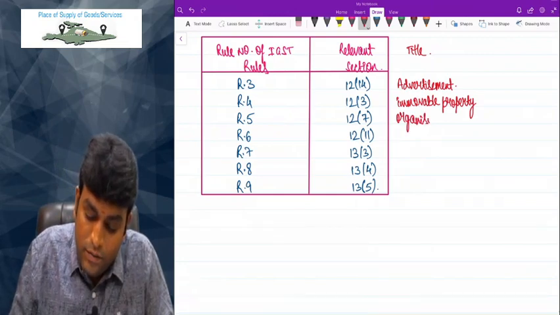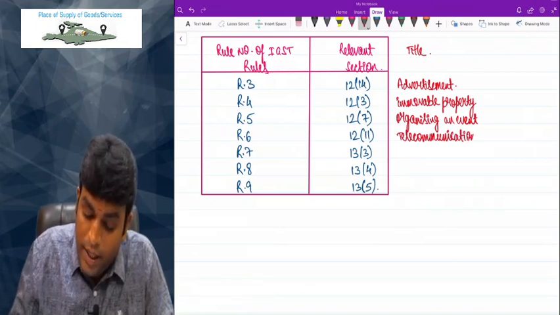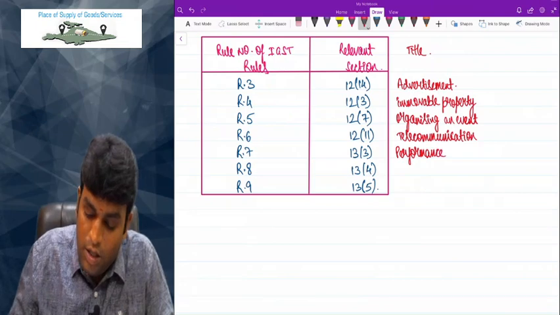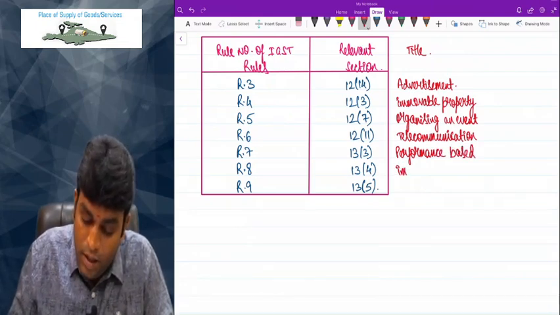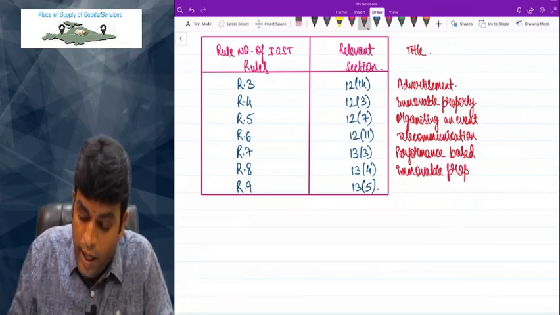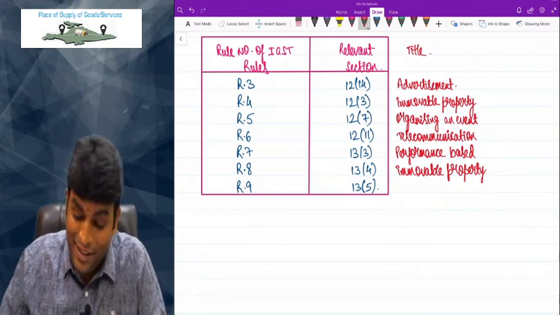12.7, organizing an event. 12.11, telecommunication. 13.3, performance based. 13.4, immovable property. 13.4 is what? Immovable property. And 13.5 is what?